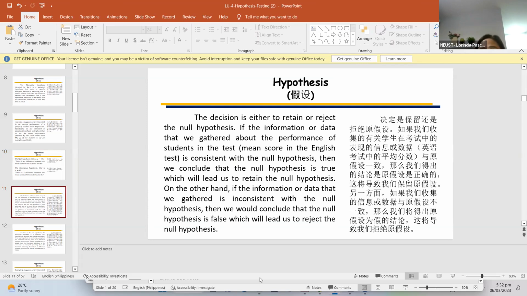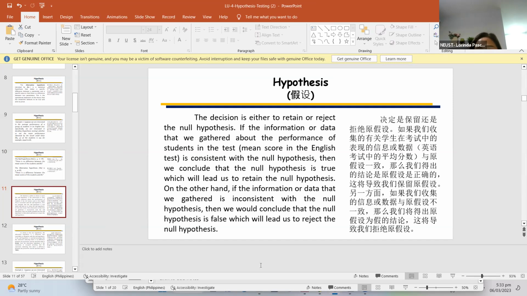Now the decision is either to retain or reject the null hypothesis. If the information or the data that we gathered about the performance of the students in the test, so we are talking about the mean scores in the English test of the students, is consistent with the null hypothesis, then we conclude that the null hypothesis is true, which will lead us to retain the null hypothesis.